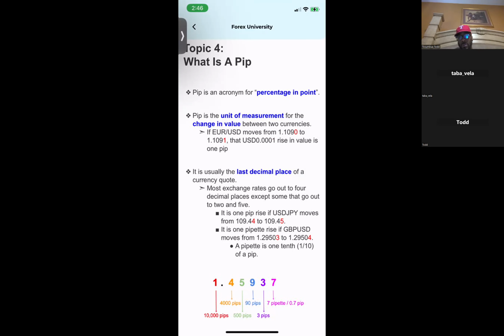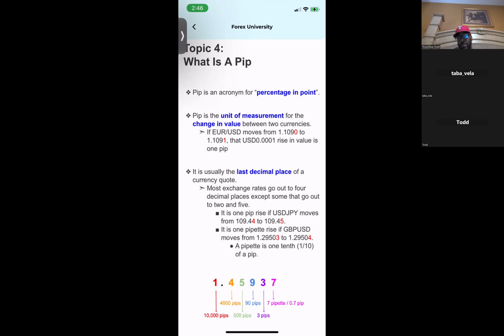It's very important when you start trying to calculate your pips, because you base everything that you do in Forex on your pip count, right? Because your pip count will determine how much risk you are applying to your trade idea.